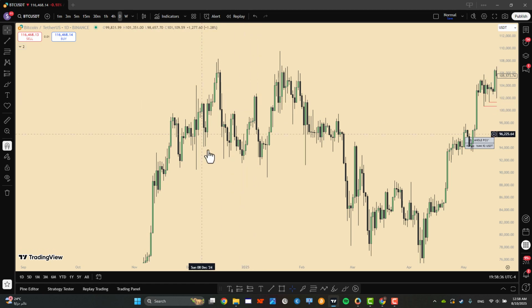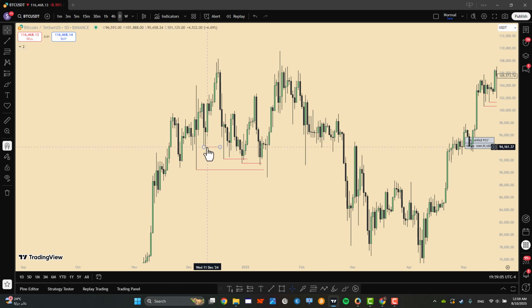Suppose that you can notice here the internal lows and the external lows. We have this. Suppose that we are in here, and we are trading to the downside. You want to note all the external and the internal lows. Those are liquidity pools, but again, not all liquidity pools are equal. So see what happens.